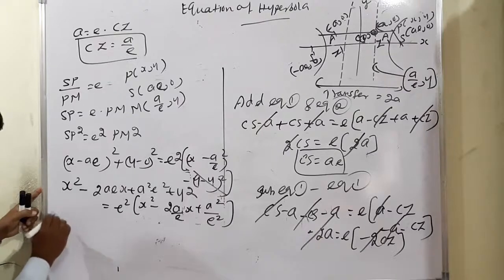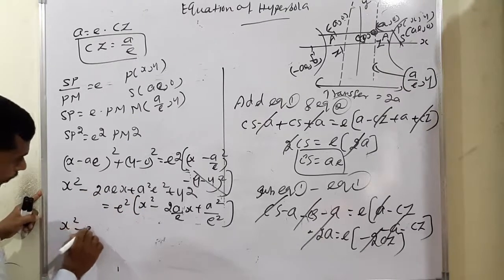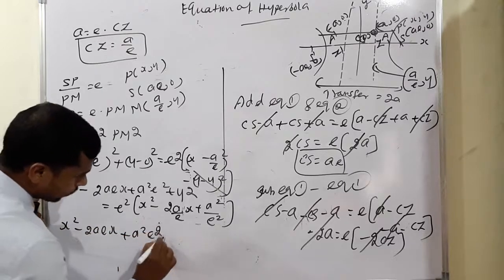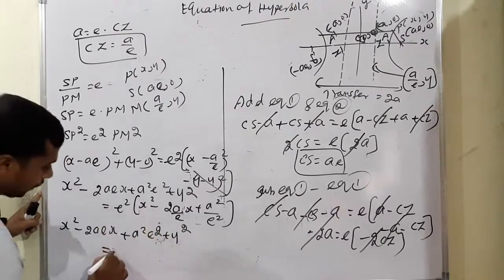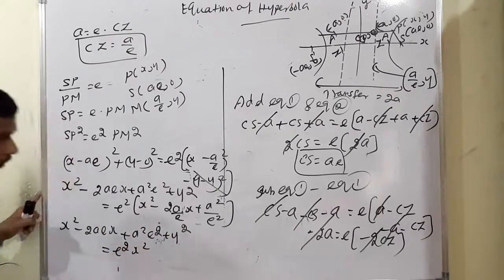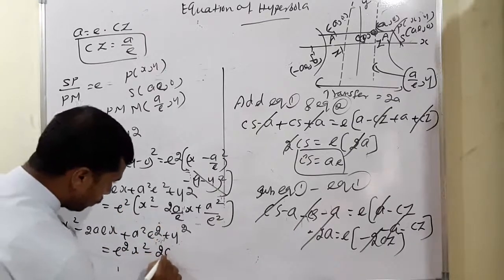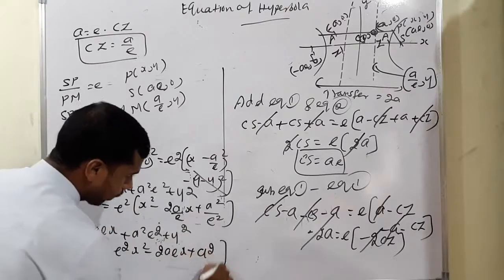Then next step, left hand side as it is: x square minus 2aex plus a square e square plus y square is equal to each and every term into e square, means e square x square. Again second term e square e cancel, means only negative 2aex. Next one e square cancel, means only a square will come.